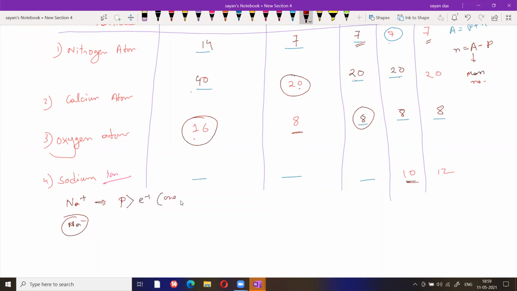If it has a negative charge, the electron number is greater than the proton number because one electron is added. We all know that sodium is a metal, so it can easily lose an electron. After losing one electron, it becomes Na plus.